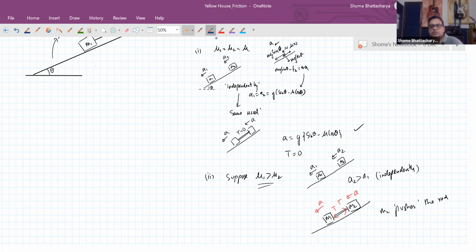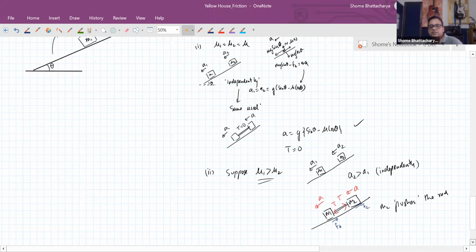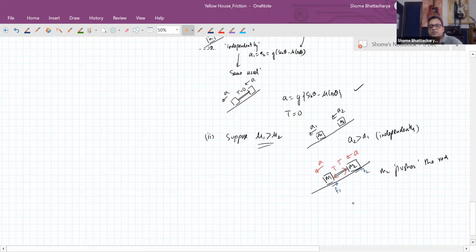Or you can make a combined FBD also. You can make a combined FBD and understand that on the combined mass, you have a combined amount of friction F1 plus F2, and you have a combined component of weight giving it an acceleration a. So this a would come out to be like this.